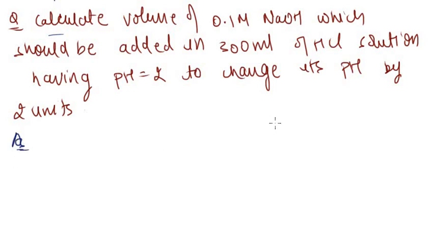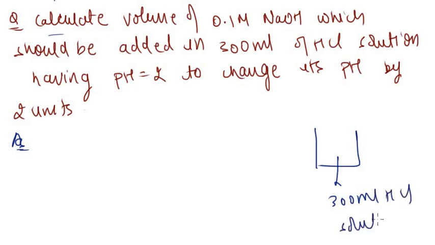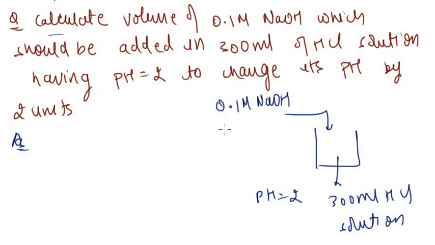It means that we have 300 ml of HCl solution and its pH is 2. Now we are adding 0.1 molar NaOH and it has some volume. So we have to calculate the volume.